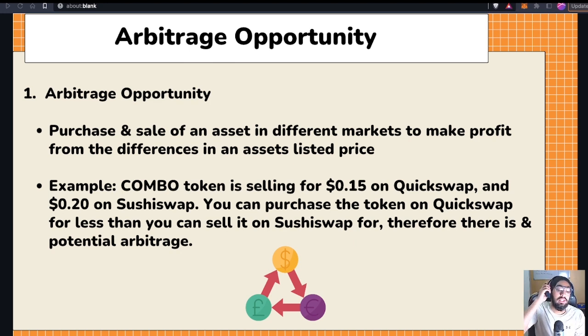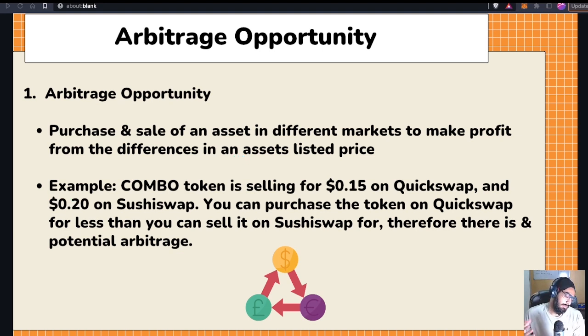So one thing here to notice is that to make a profit, if you want to make good profit, right, you need to buy and sell a large amount of assets. You see the difference in the price on different exchanges is very, very less, like 0.15 and 0.20. This is like $0.05.